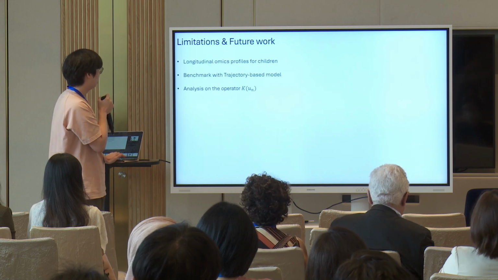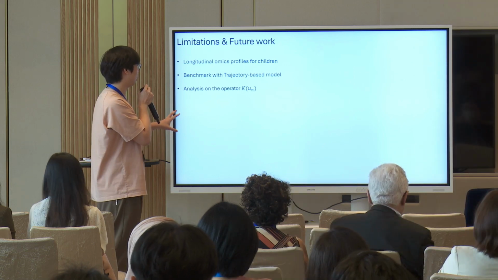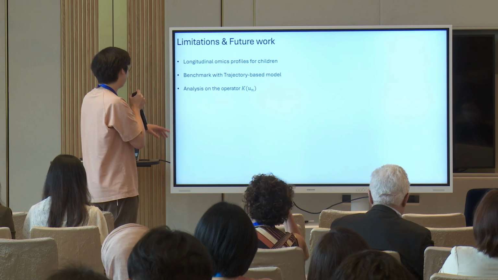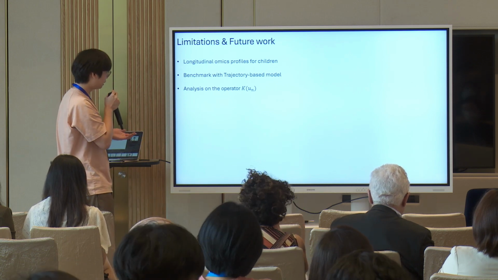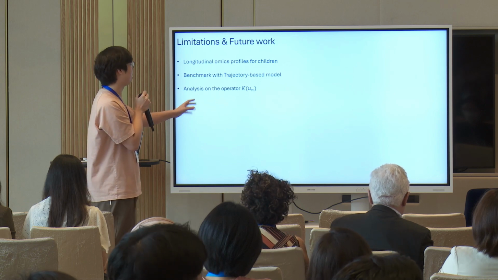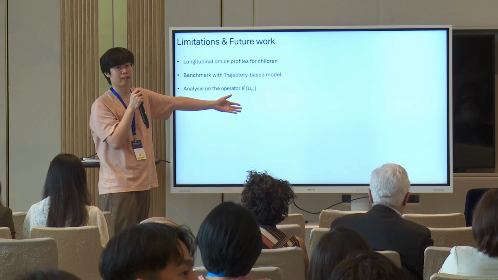And also, we need to do more benchmarking with not only the proteomics model, but also the trajectory-based model using only the BMI to see what happens. And also, we can do the biomarker detection by analyzing the Koopman operator here, because there is some spectral information provided in this Koopman operator.